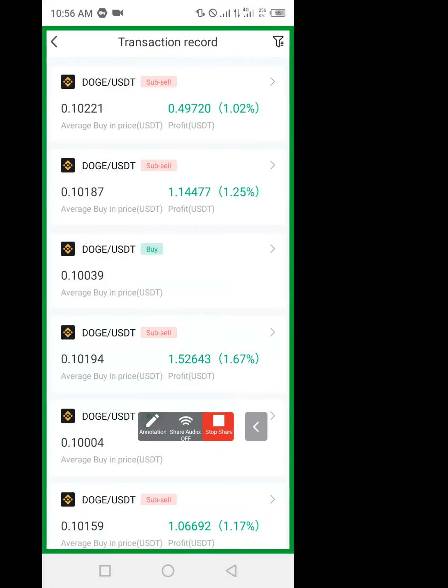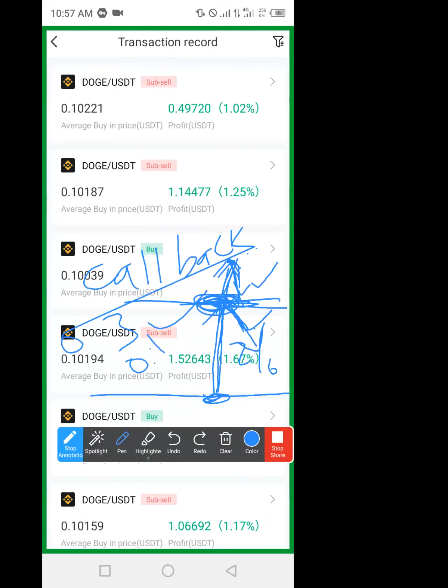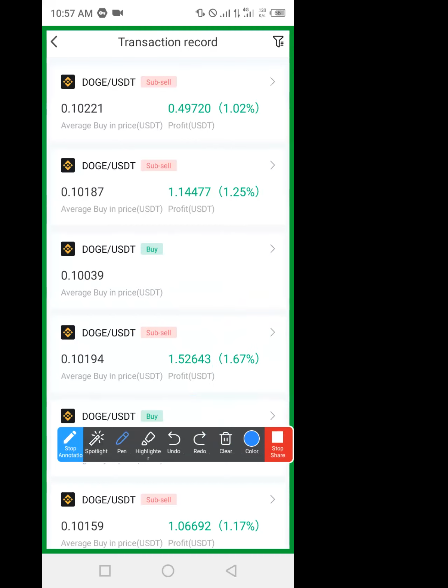With the sub-bin, the take profit is always 1.3%, but you can see this one was sold at 1.17, this one at 1.67, this one at 1.2, this one at 1.0. It is because of the callback.